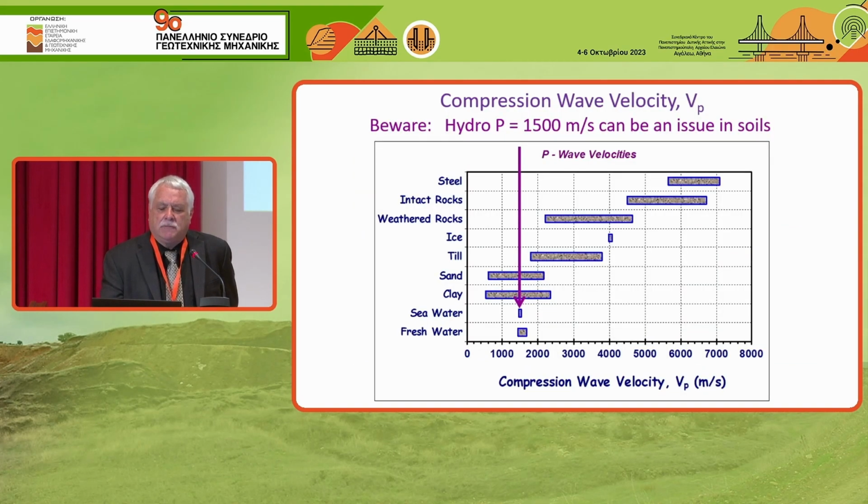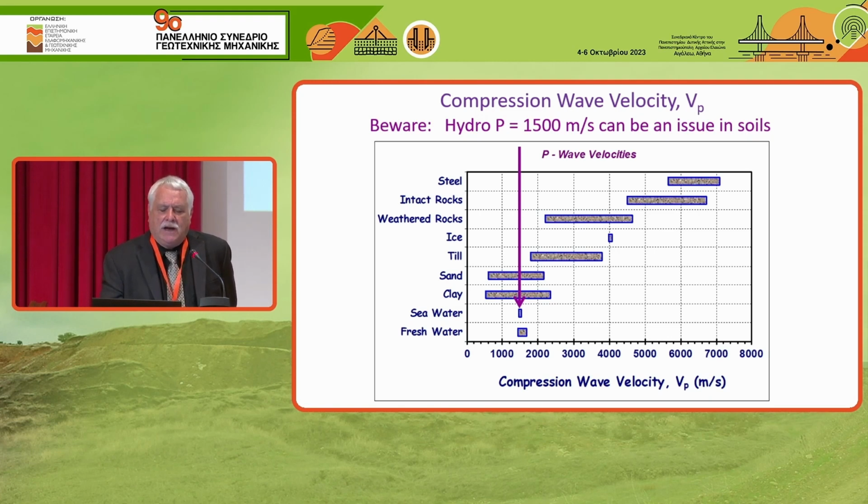One of the issues with compression wave is that water has a P wave velocity of 1,500 meters per second. Maybe it's also called the water density paradox because normally there's an increase of, say, density with increasing compression wave velocity, but then you have water, which sort of defies that law.